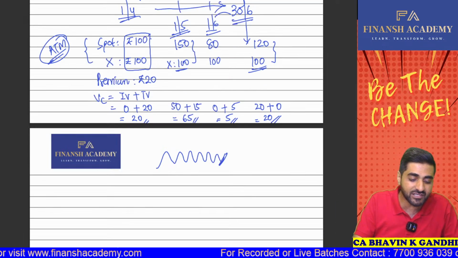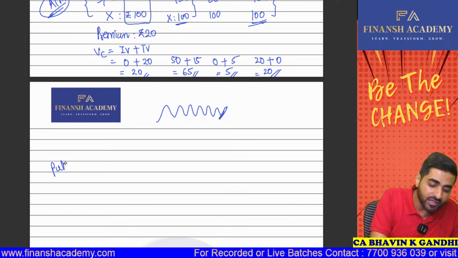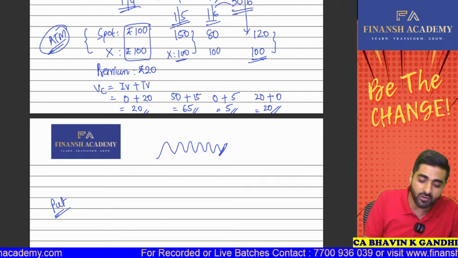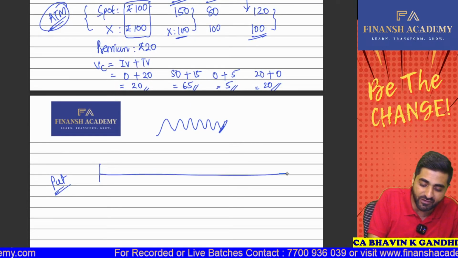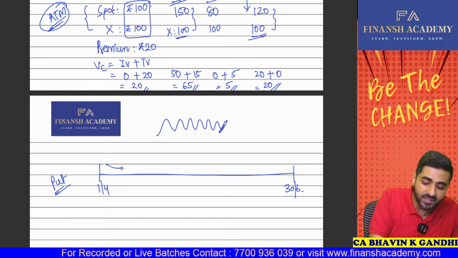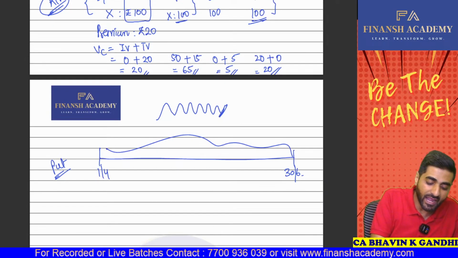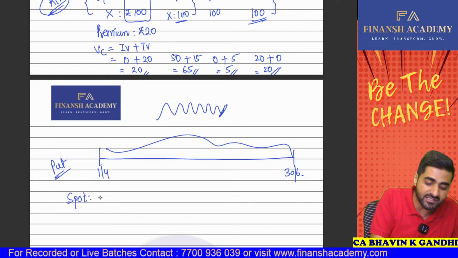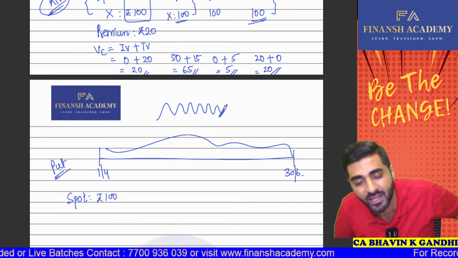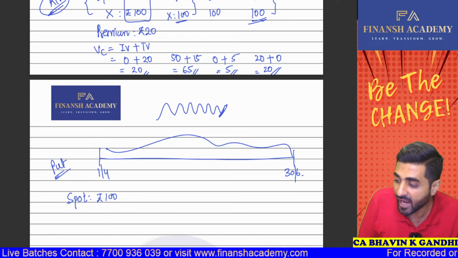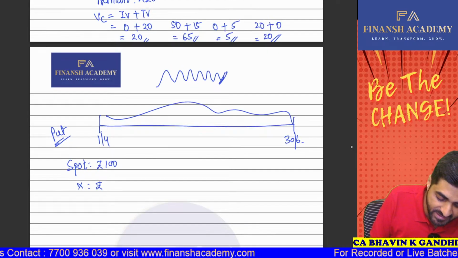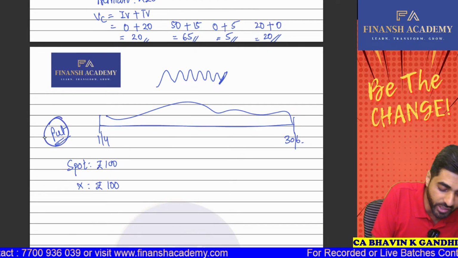Similarly, my dear students, now let's talk about the put option. Put option premium decoding we can also do like this. Let's say, for example, the same time frame from 1st of April to 30th of June. Suppose there is a 3-month time frame and your spot is rupees 100, and let's say your strike price is also rupees 100, and now we are talking about the put option.